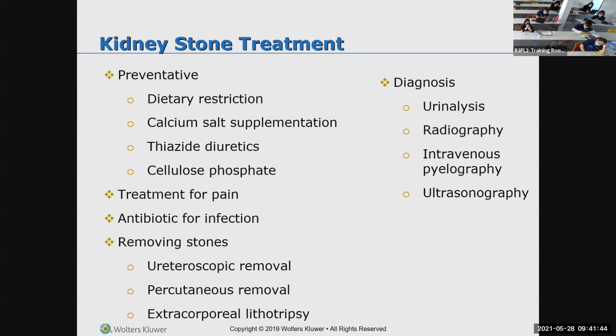Commonly prescribed is also called, write down, gentamicin, GENTAMICIN. Gentamicin is a very effective antibiotic, but it does have some nephrotoxic effect.